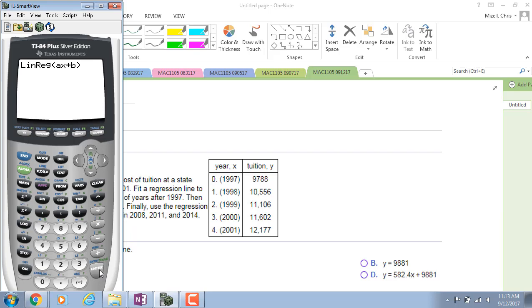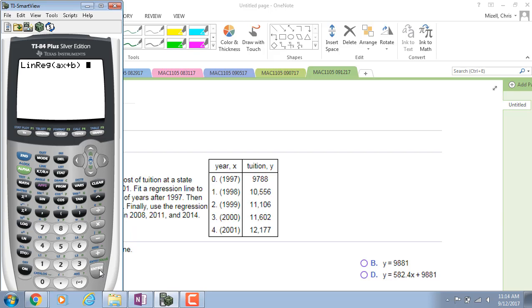Maybe my x coordinates are in L3, and my y coordinates are in L5. If that were the case, I would type second L3, and tell it my x coordinates are in L3, and then type a comma, and then tell it my y coordinates are in L5, and then press enter.